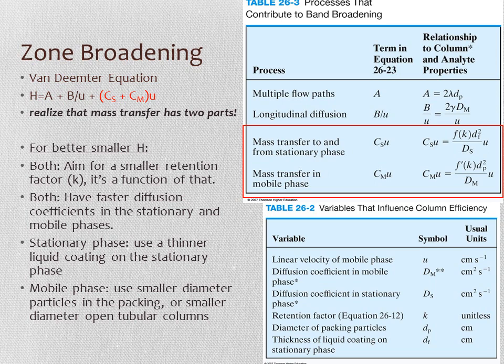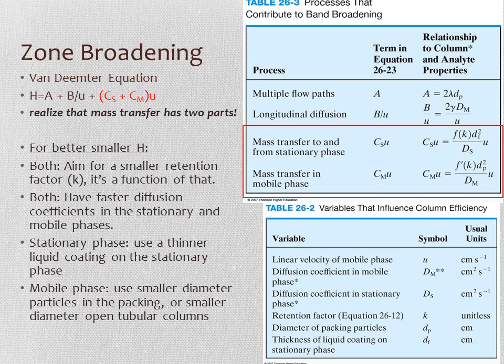And now we're going to talk about mass transfer. For both the mass transfer in and out of the stationary and mobile phase, you want to have a smaller retention factor because we have a function of retention factor. Also, you want to have faster diffusion coefficients for this term so that you will get to the interface more quickly. This is all about getting to the interface often so that equilibration can occur.